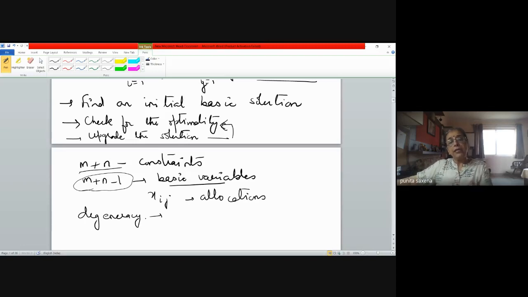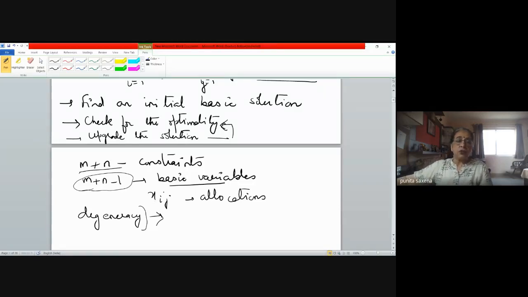So what is normally done is that any other non-basic variable, not exactly randomly, we have methods for that also, is given an allocation 0. It already has an allocation 0, but it is brought into the collection of basic cells, and then we proceed on. Degeneracy is something that we are going to discuss later. We are going to handle the direct cases first, and then we move on to special cases.